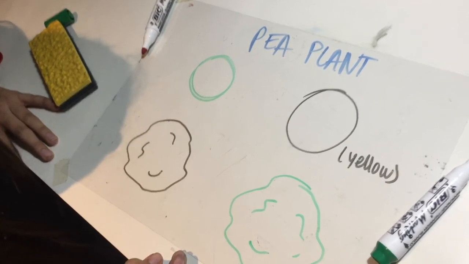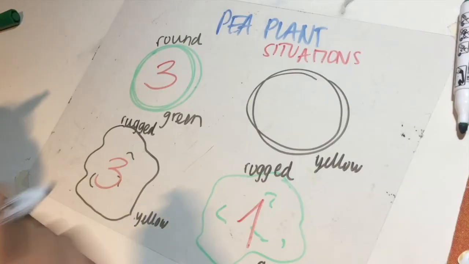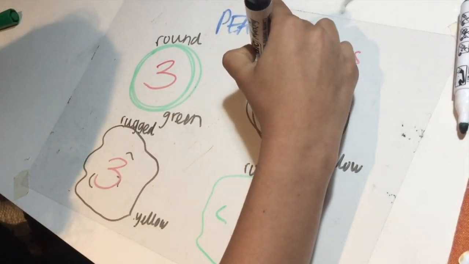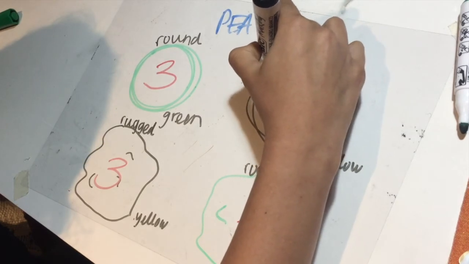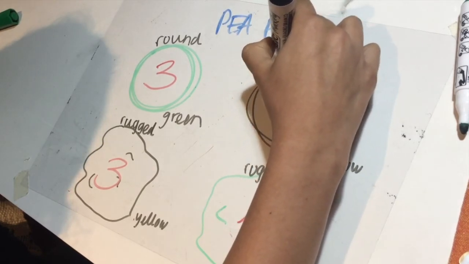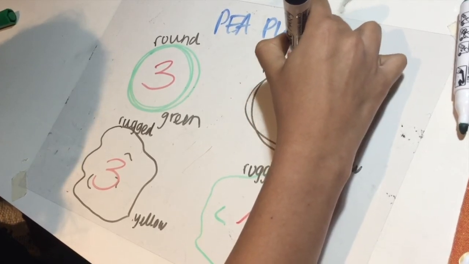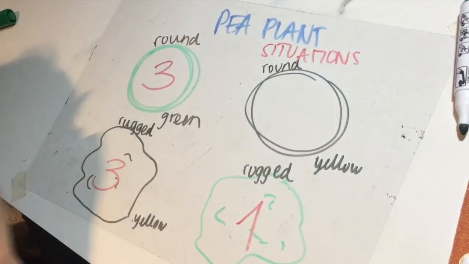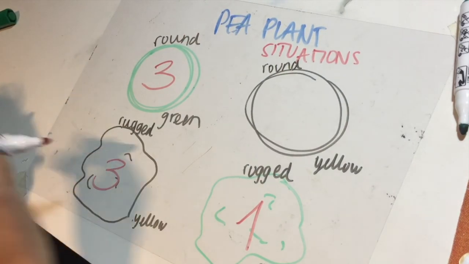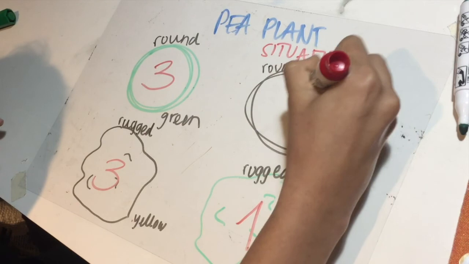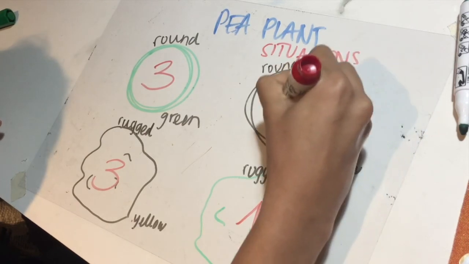And finally, there is 1 box in which the probability of getting a rugged and green pea plant is 1. That is because the recessive traits combine, so it's very difficult to get a rugged and green plant.